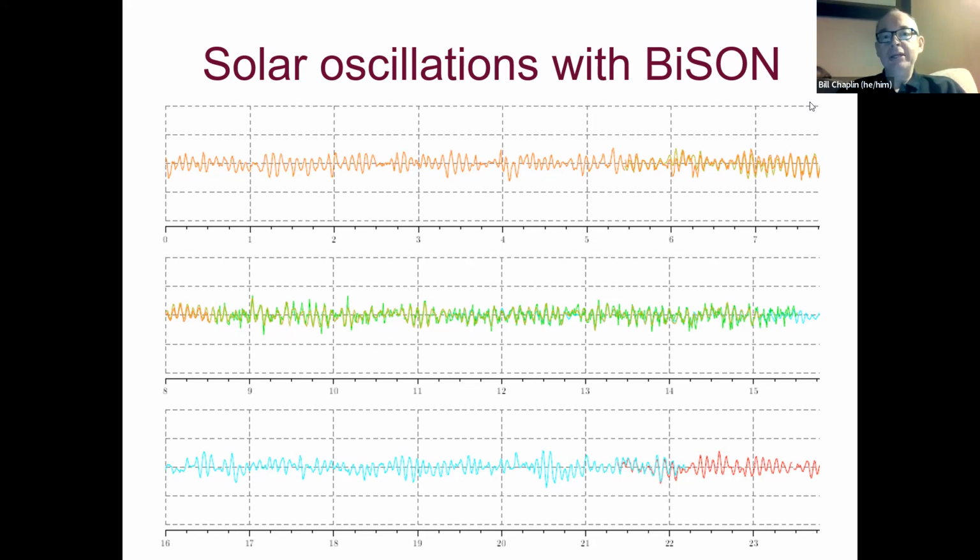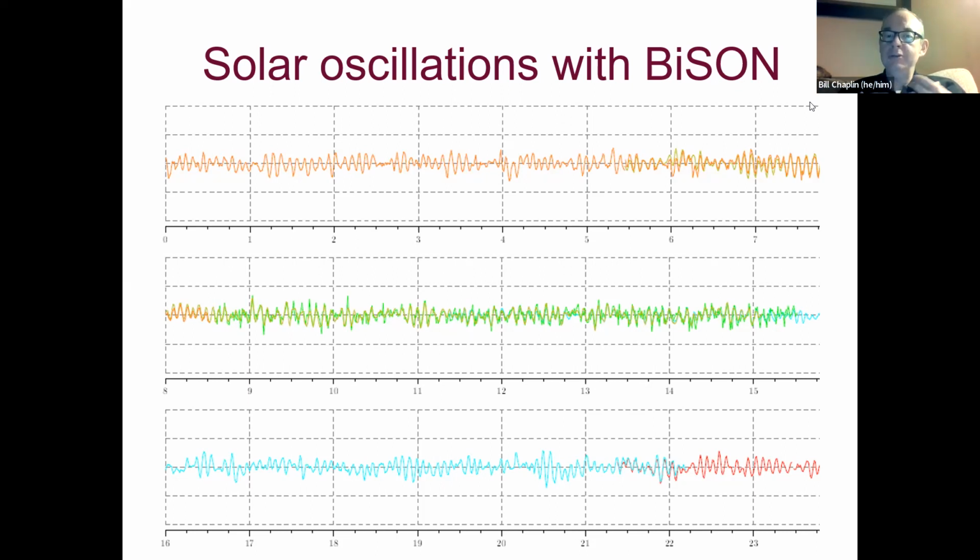One other thing you can see here is what looks suspiciously like evidence of beats. Essentially what we're seeing here is the combination of several tens of overtones of both radial and non-radial modes.